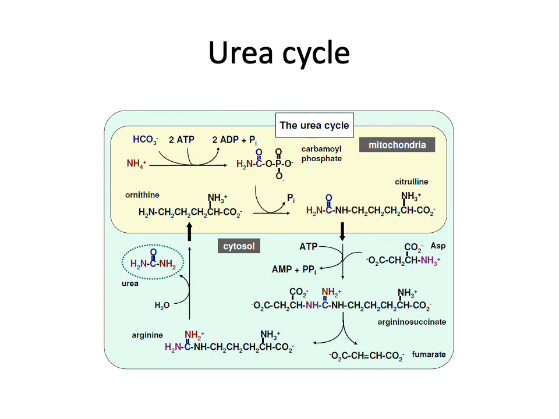So again, this is the urea cycle, and once again, we start by forming carbonyl phosphate, and that is done in the mitochondria. Again, there's another carbonyl phosphate synthetase enzyme found in the cytosol, which is involved in nucleotide metabolism, which we'll talk about in a subsequent discussion.